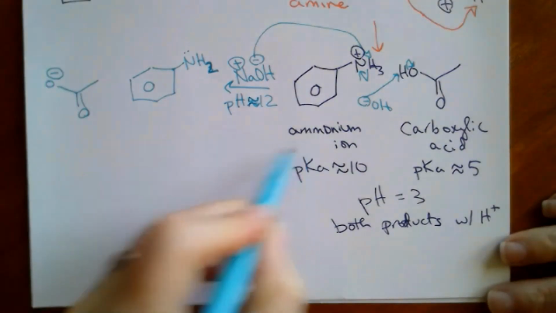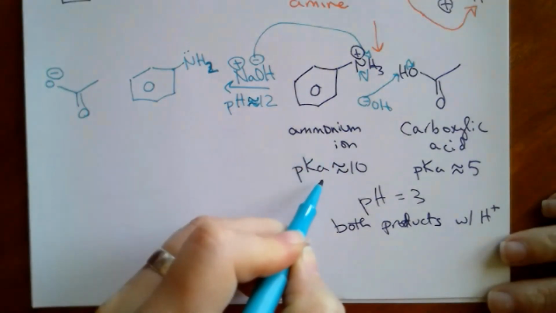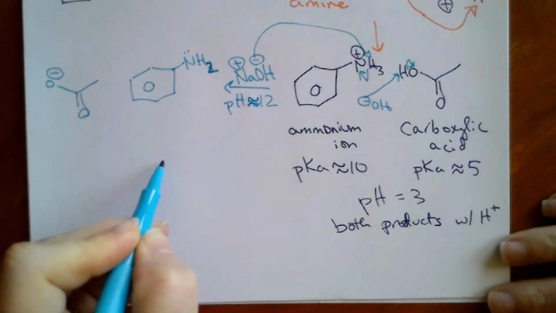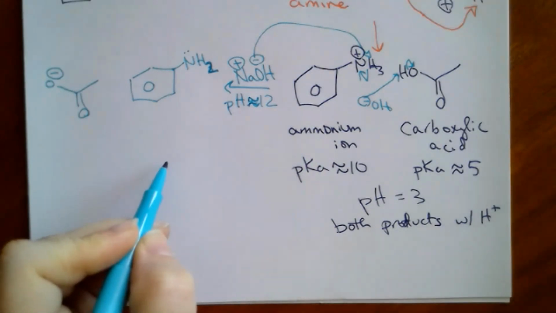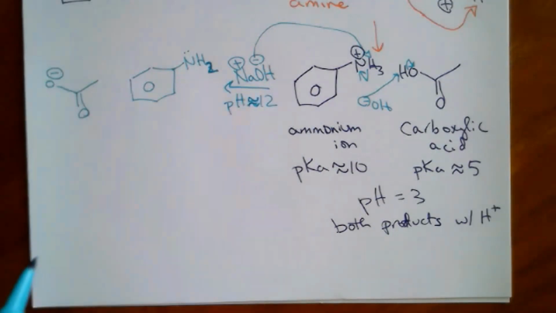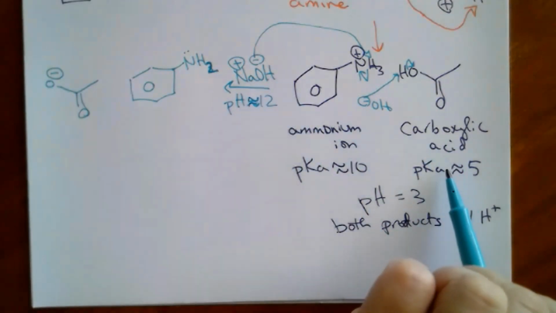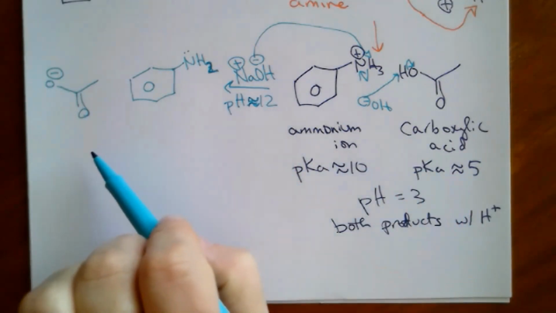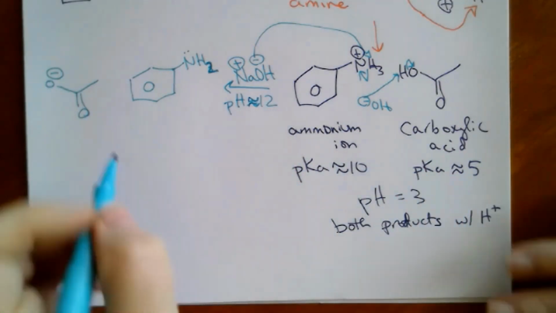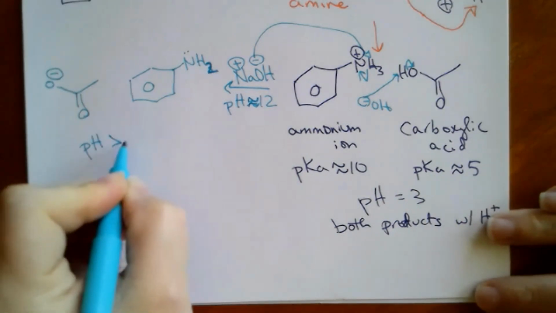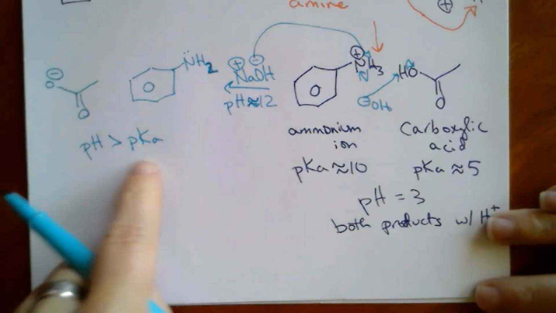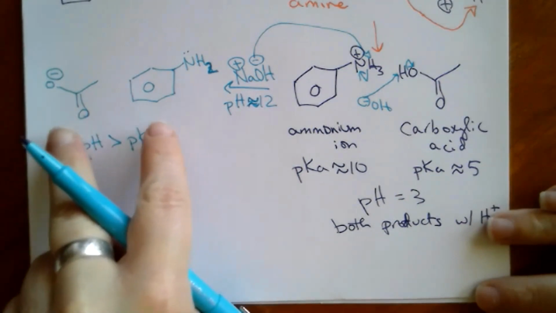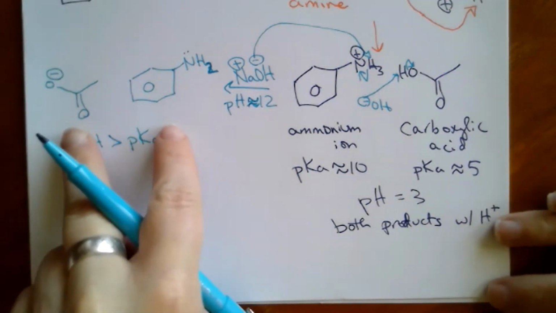So since this guy is already here, we know his pKa is 10 as an acid. So he must become his basic form after you add sodium hydroxide. We know his pKa is 5, so he must become his basic form when you're at a pH above the pKa. The pH is greater than the pKa for both of these things at this point, so both of them lose an H.